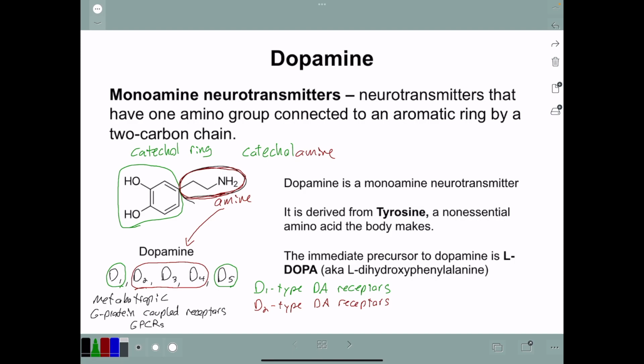They're categorized by the differences in the types of G proteins that are attached to these receptors. And so the D1 type receptors have what we call GS subunits, G protein subunits, GS. And what the GS subunits do is that they stimulate adenylyl cyclase.